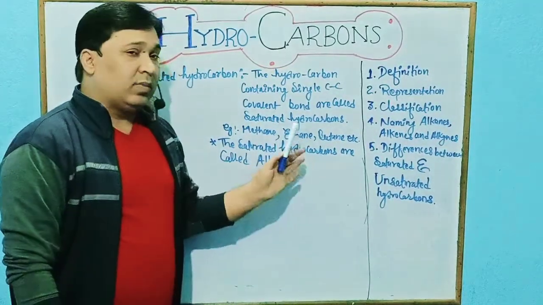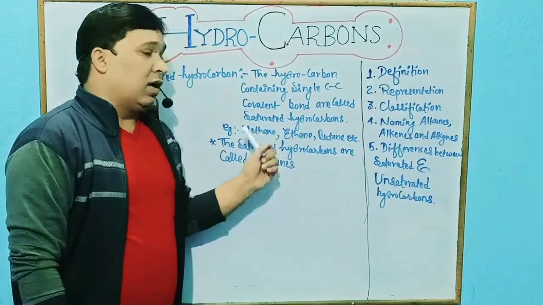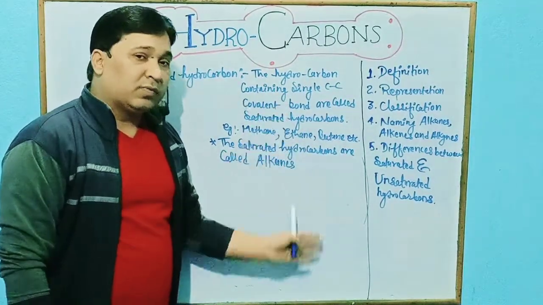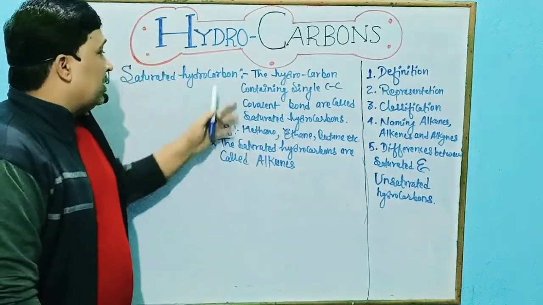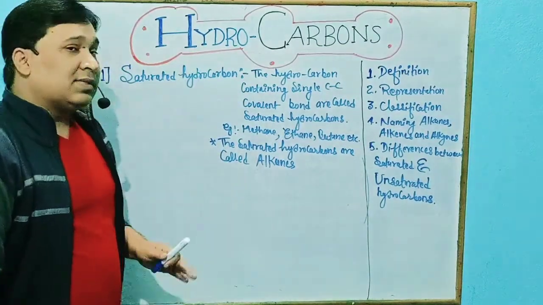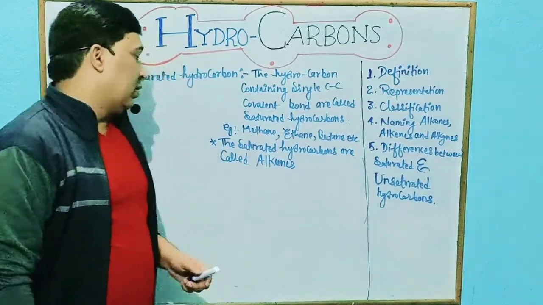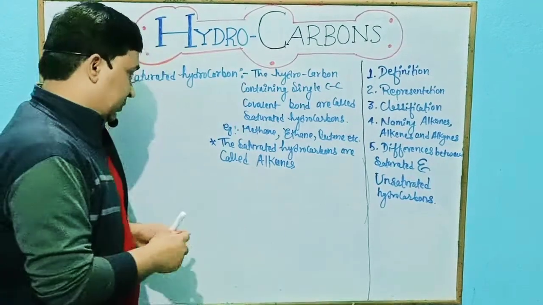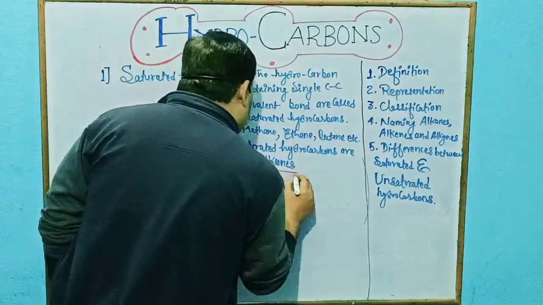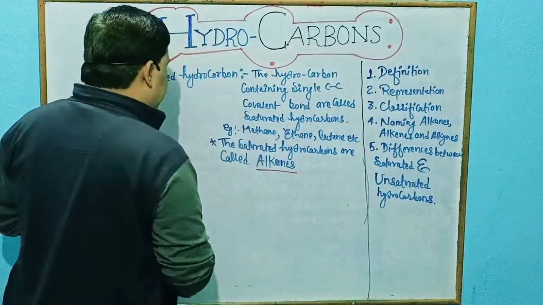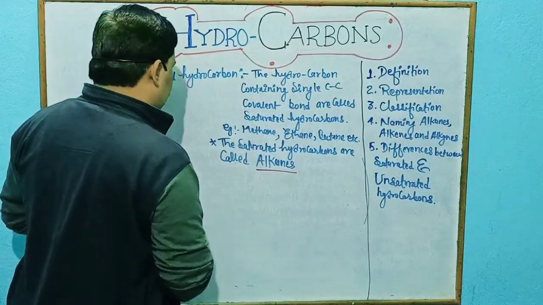For example, methane, ethane, and butane, etc. We will see how we will name and how we can create the group of alkanes. The saturated hydrocarbons, that means the hydrocarbons containing single C-C covalent bonds, are called alkanes. Alkanes are represented by a general formula.